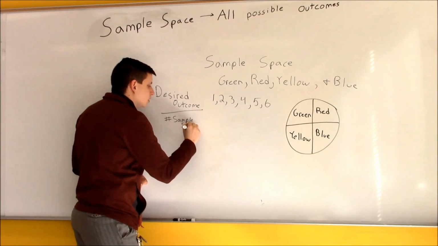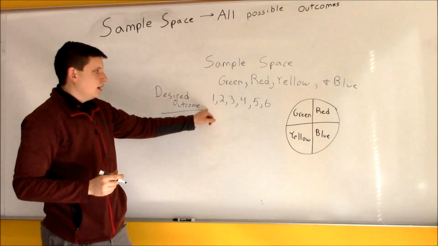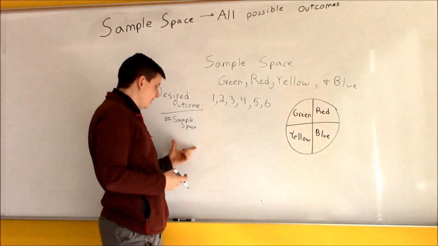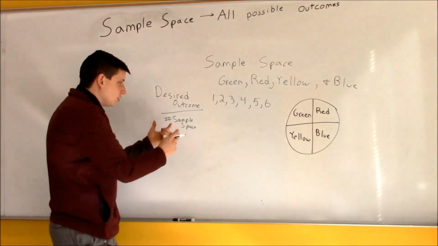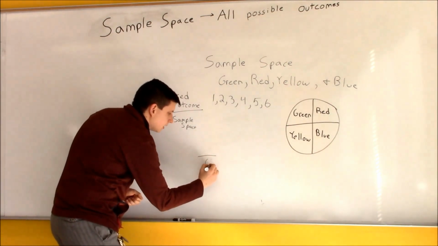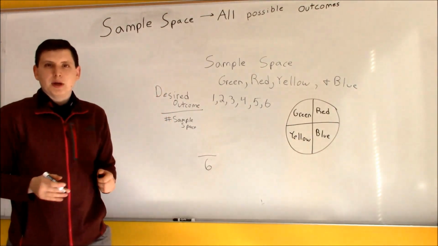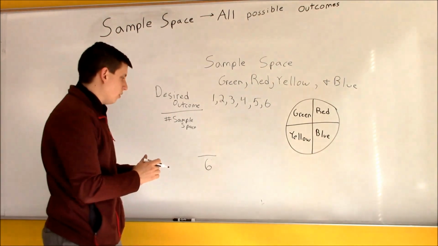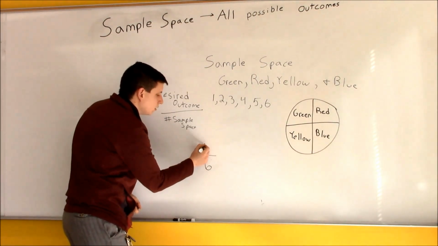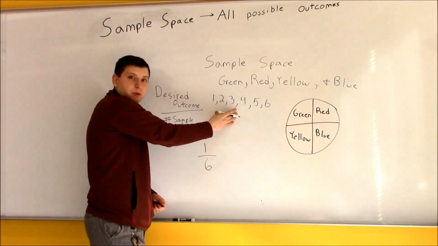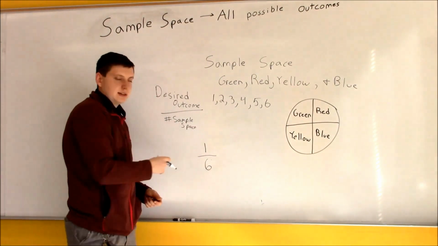So an example is when we're looking at the die, which has 6 numbers in the sample space, I know that my denominator will always equal 6. So right here, setting up 6 as the denominator. Now say, what is the probability of rolling a 4? So I would put a 1, because there is one number 4 in the sample space, over 6.